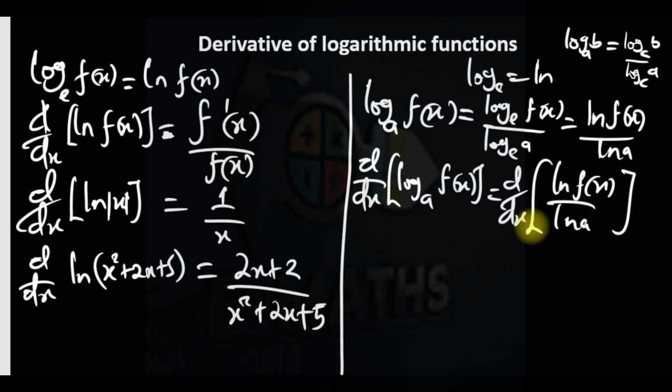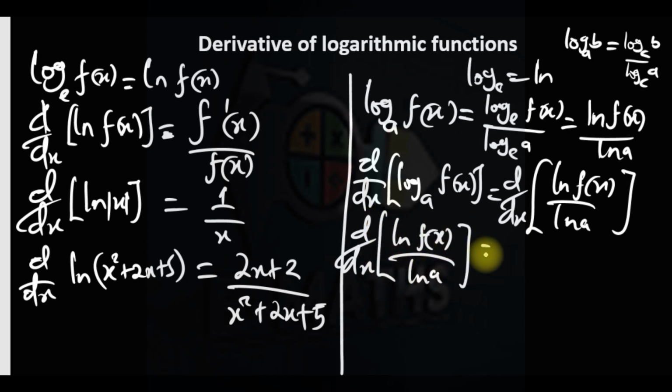So the derivative of ln f(x) over ln a, we can bring out the constant, which is 1 over ln a, times the derivative of ln f(x).